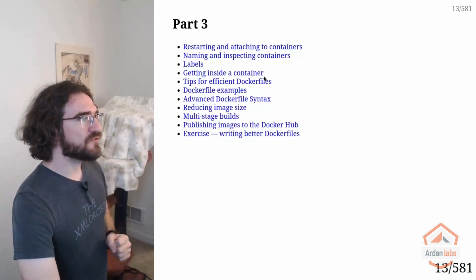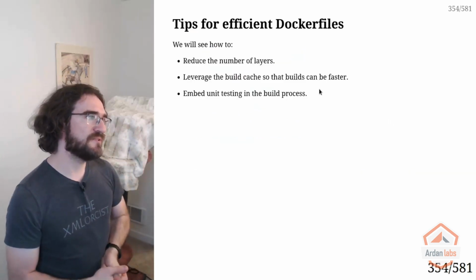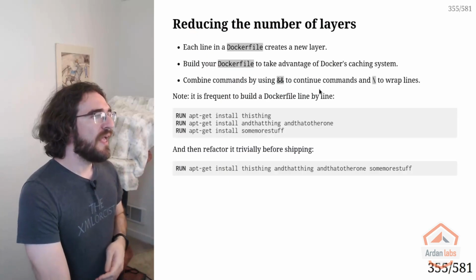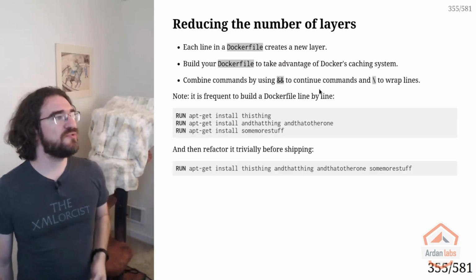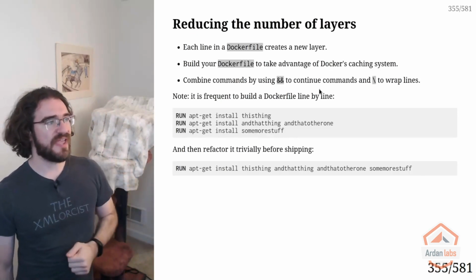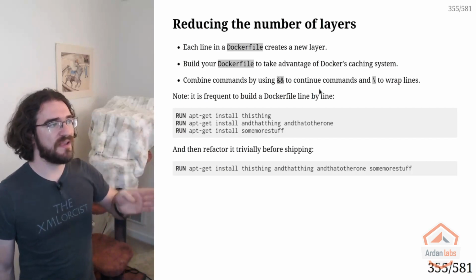All right, so let's start with tips, tricks, and useful techniques. So one thing that we can do is reduce the number of layers, and very often the easiest way to do that is to combine commands like this.